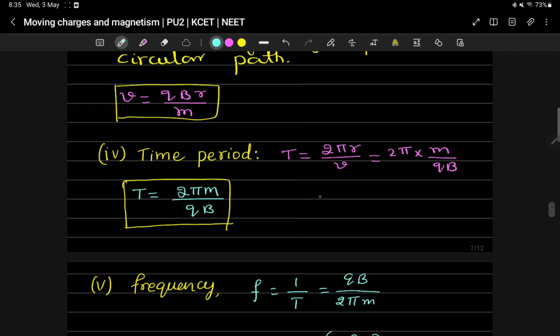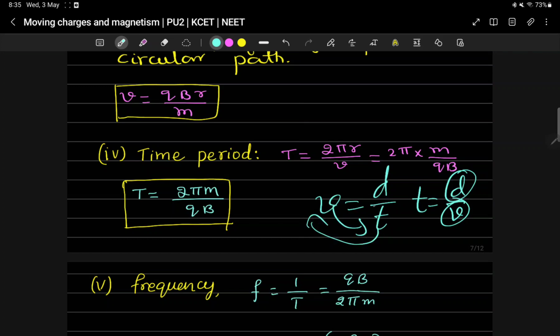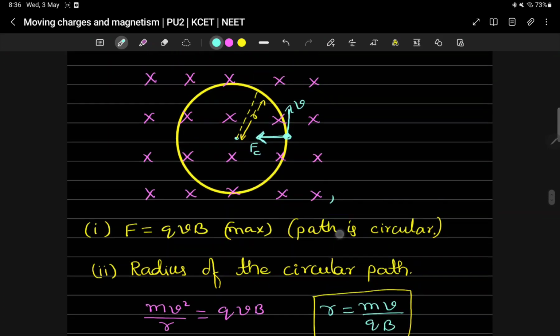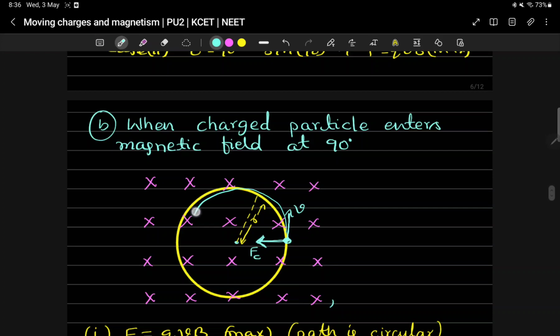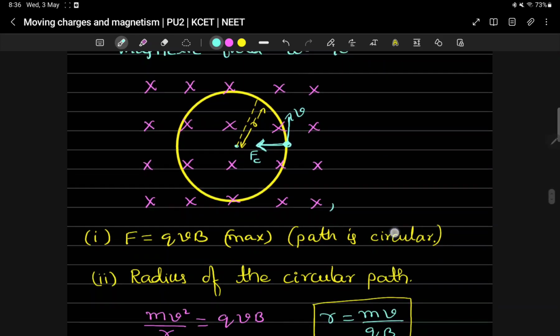Then if you want to calculate the time period, we already know velocity is equal to distance by time taken, or displacement by time taken. So time taken is displacement by velocity. Here the charged particle covers a distance equal to the circumference, which is 2 pi r.